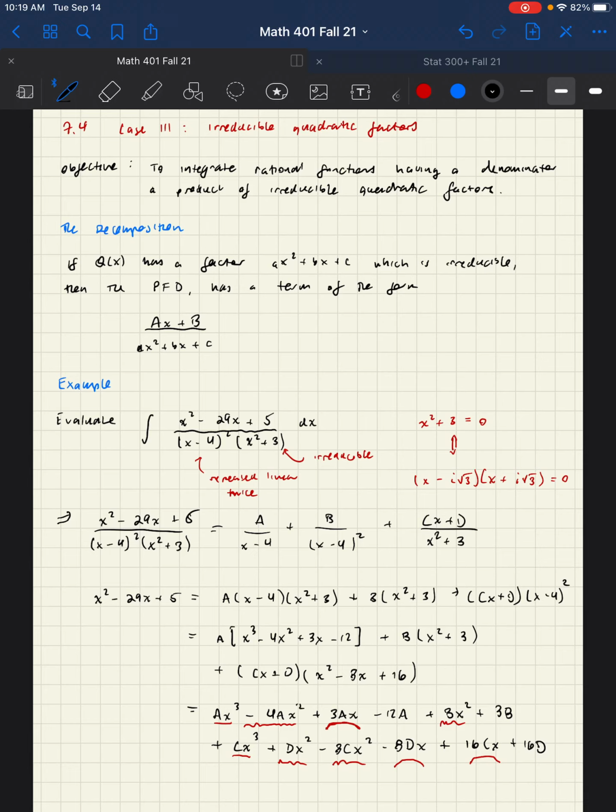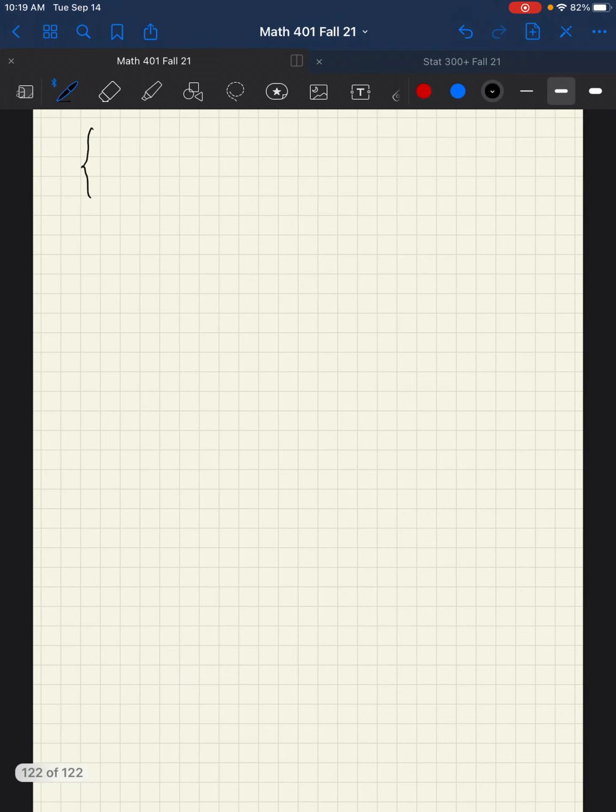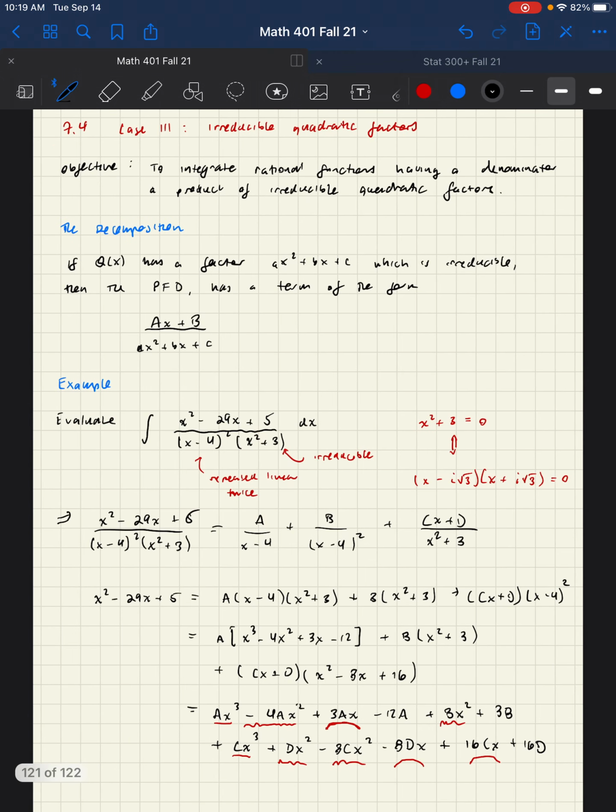Okay, so x cubed terms, remember, those are just the straight underline. Ax cubed plus Cx cubed, which means 0 equals A plus C. Okay, so A plus C equals 0. Now, x squared terms, remember they're going to equal 1.